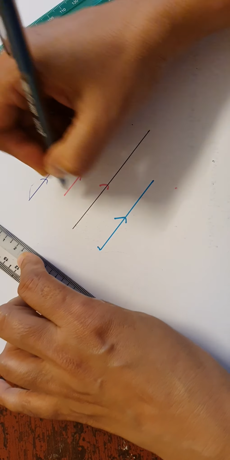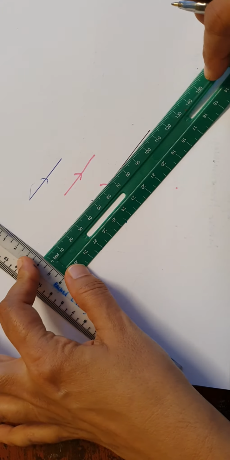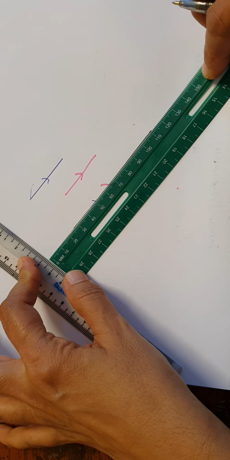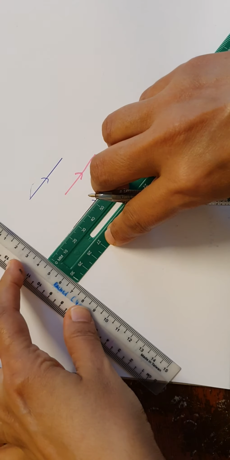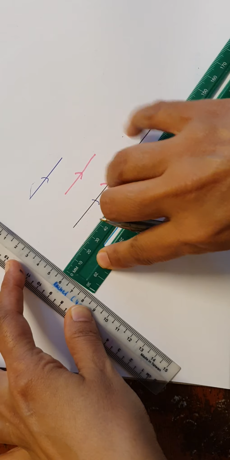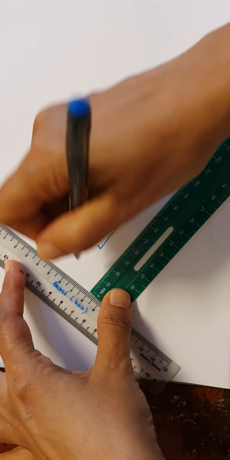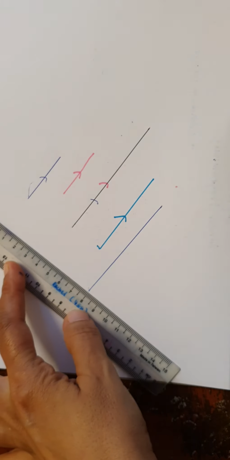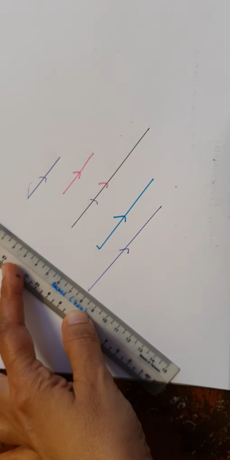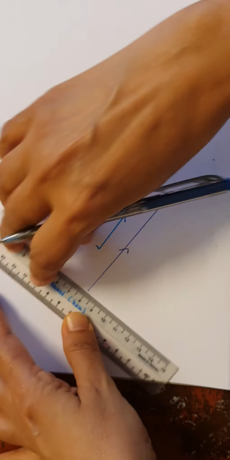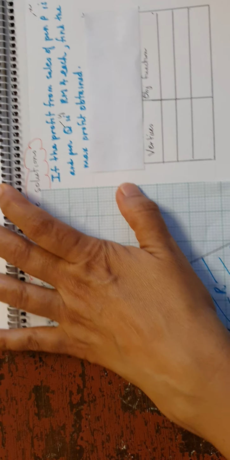So these two lines are parallel. So if you want to get, let's say, another line which is also parallel to this line but below, make sure you hold the second ruler tight. So you push it down and you can get another parallel line below. Okay, so once you can draw parallel lines, you can start.